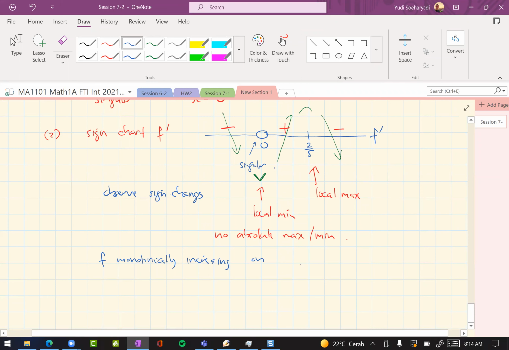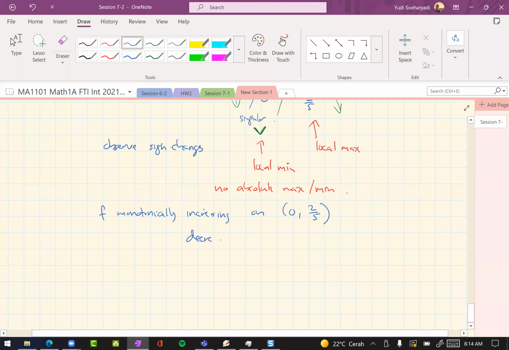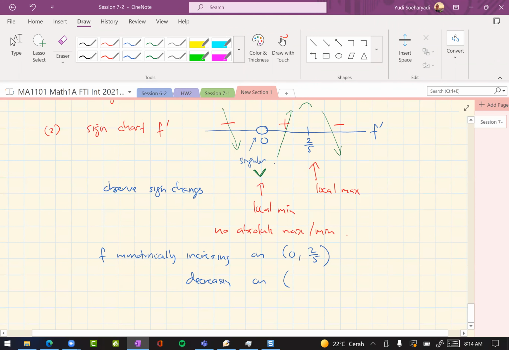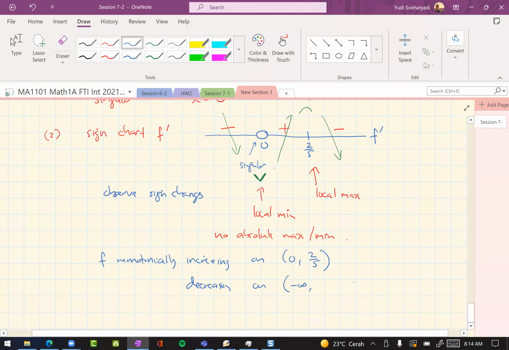All right, so 0, 5, increasing on left to 0 and from 0 to 5.